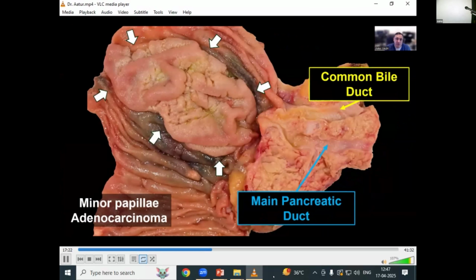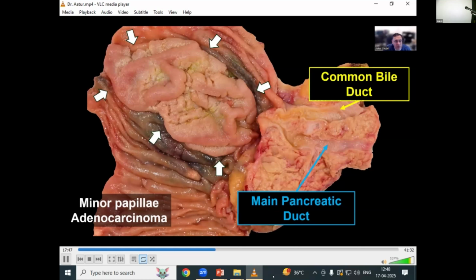Instead, this one is centered around the minor papilla and growing laterally into the duodenum. But you really can't get that geography without cutting along the ductal system, probing the system itself, and examining this at the time of opening the specimen fresh, as opposed to fixing or inking the specimen and then losing all those important landmarks.